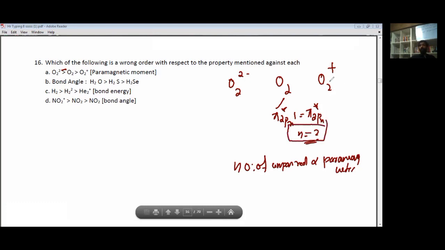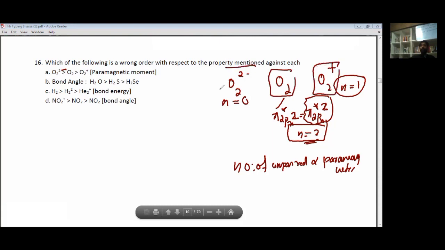If 1 electron is lost from the O2, then this electron may be lost. So no doubt there will be n equal to 1. If 2 electrons are gained, this becomes 2, this becomes 2. So n will be 0 here. So the one with the greater paramagnetism is O2, then O2 plus, then the last is O2 minus. So this order is not okay. So the wrong order means this may be the choice.